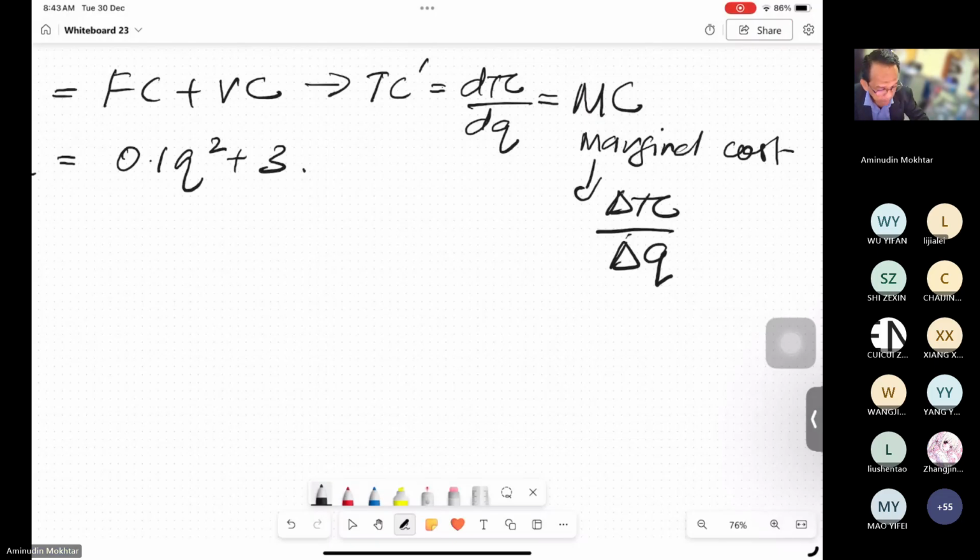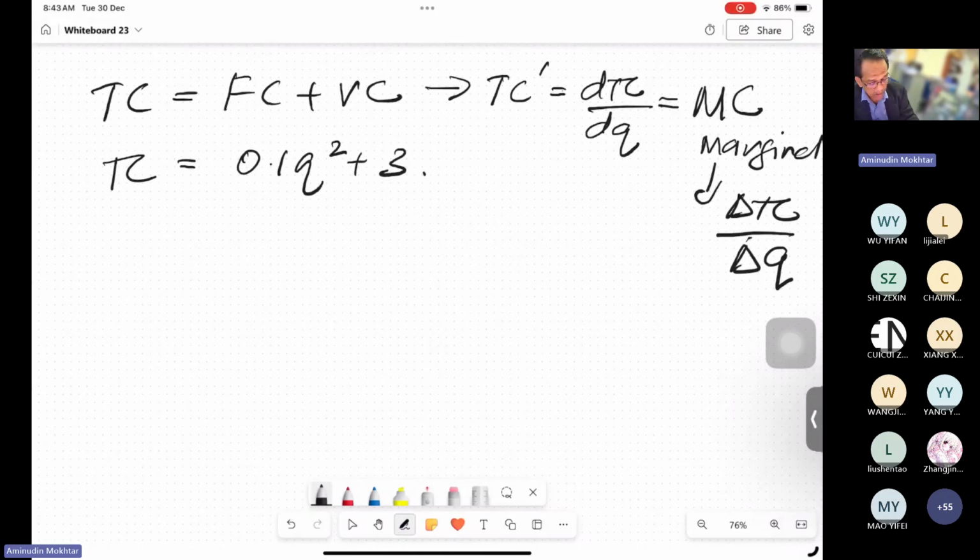For example, let's say TC equals 0.1Q squared plus 3. Find the marginal cost.